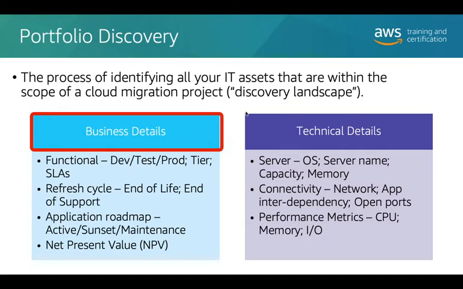And then obviously you pair that with the technical details of the individual applications. You know, what servers have you got, what operating system you've got, how is it connected, and what is the current utilization of it. Because there's no point migrating a 24-way machine to another 24-way machine in the cloud if it turns out it's only being 5% used. So you need to understand its current capacity utilization as well.